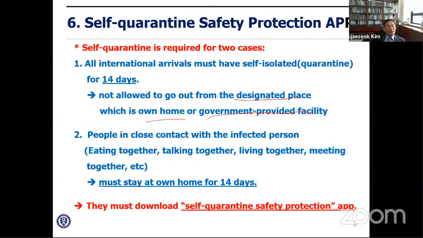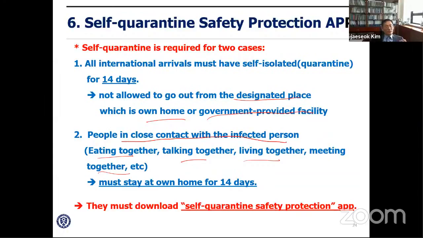The second case is people in close contact with the infected person, like eating together, talking together, living together, meeting together. In this case, they must stay at their own home for 14 days.